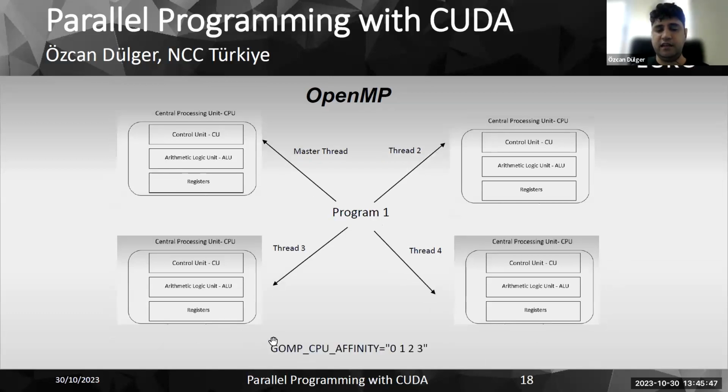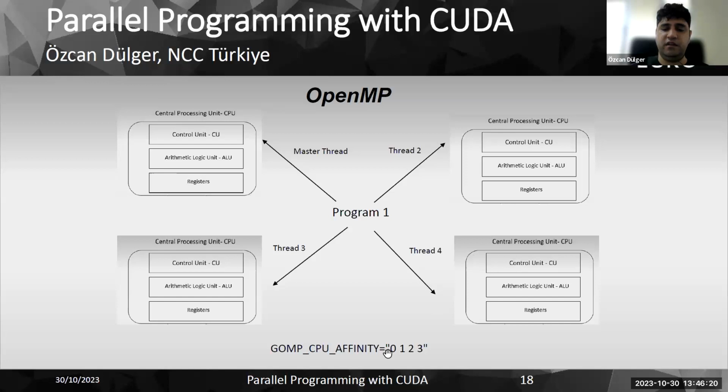There is an environment variable here, GOMP_CPU_AFFINITY, which is about affinity. When we set it as 0, 1, 2, 3, that means assign the threads to these cores. What I mean is the zeroth core, the first core, the second and third core.